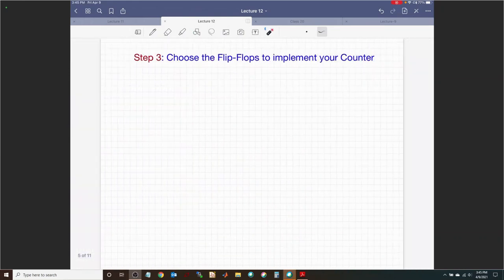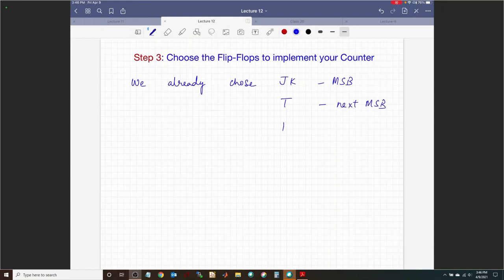So we need to choose the flip-flops to implement the counter. We already chose the flip-flops, right? We already said JK and T and D. We chose JK for the MSB, T for the next MSB, and D for the least significant bit of the counter.